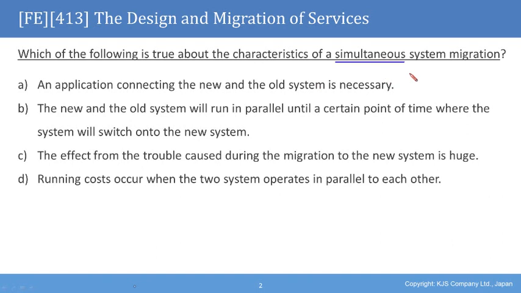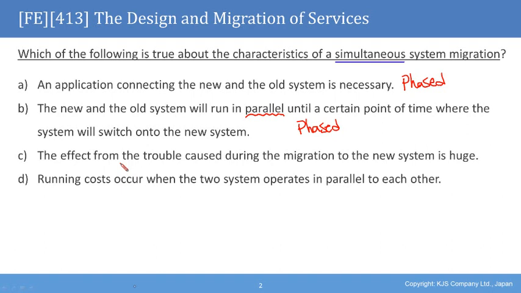Well, we in fact learned from the previous slides that this is a description of the phased system migration. Option B says the new and the old system will run in parallel, we have the keyword parallel, until a certain point of time where the system will switch onto the new system. Again, this is a description of the phased system migration.